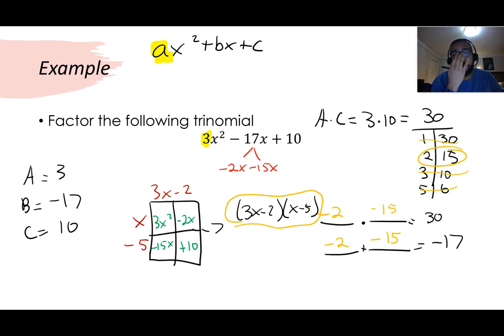Oh my goodness, you can still multiply those 2 binomials together. And so if you're uncertain, I will check real quick. I won't walk through the whole process out loud. I'll just do it really quickly. As you can see, I still get the same trinomial I started with. So box method, grouping, doesn't matter.